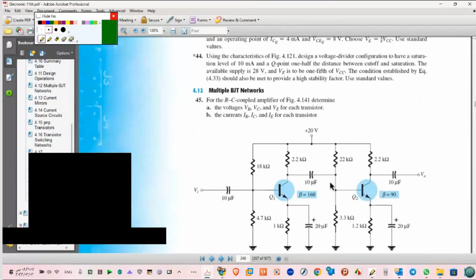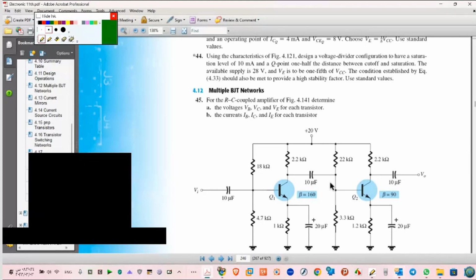For example, for the RC coupled amplifier in this figure, calculate VB, VC, VE for each transistor. This is a voltage divider, so you have to solve for the voltage divider. Then calculate the currents IB, IC, and IE for each transistor. So here you have two examples, not one.